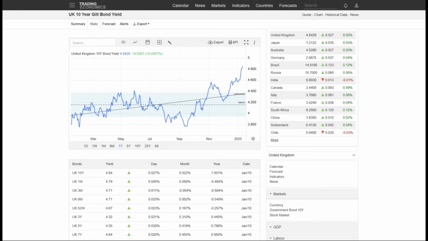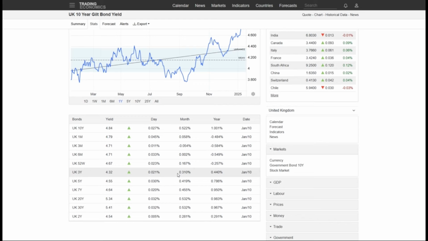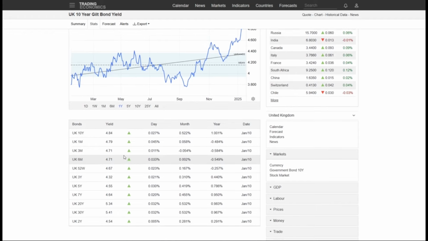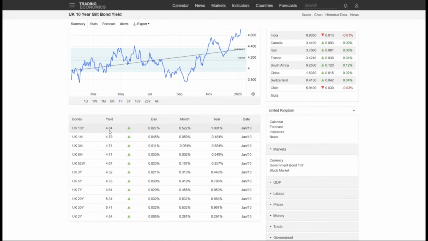I'm trying to explain from a yield curve perspective, the bond market, the yields, what's going on, why the 10-year was 4.84% on Friday, why the 30-year is now at 5.4%, so why the cost of borrowing of the government is going up so much.